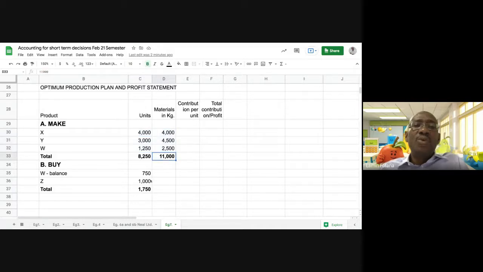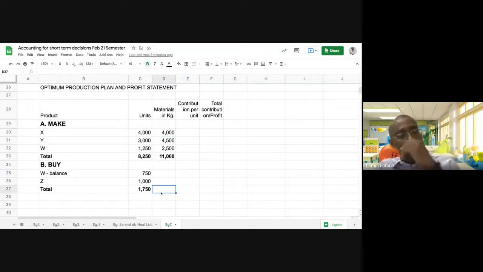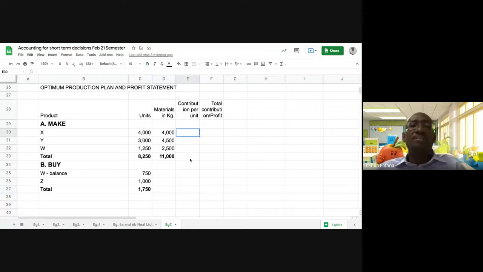Now we know what remains. This is the units that has been segregated accordingly. Now we're going to find, because our contribution here does not depend on the kg, so therefore, we don't need to put the kgs here. Our contribution is per unit. Clear? Okay, so let's move.